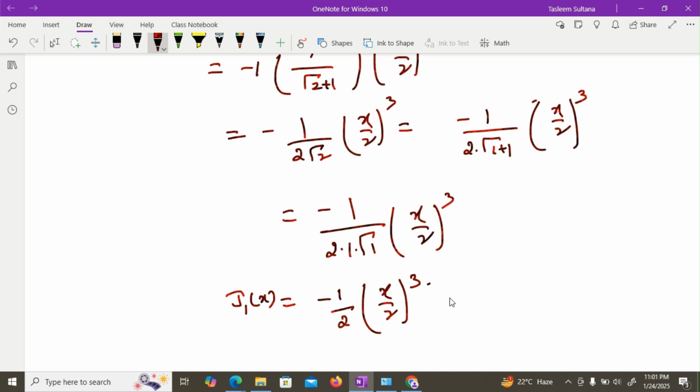J1 of x is equal to minus 1 by 2, x by 2 to the power of 3.